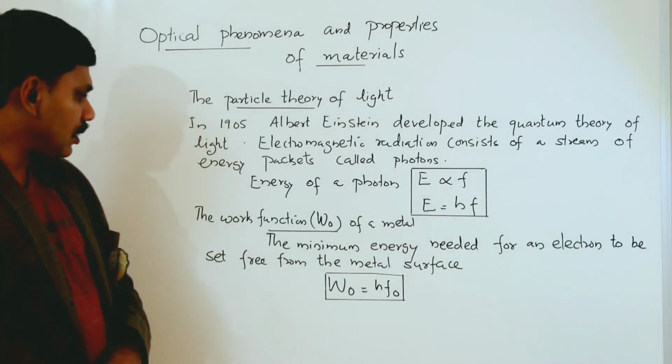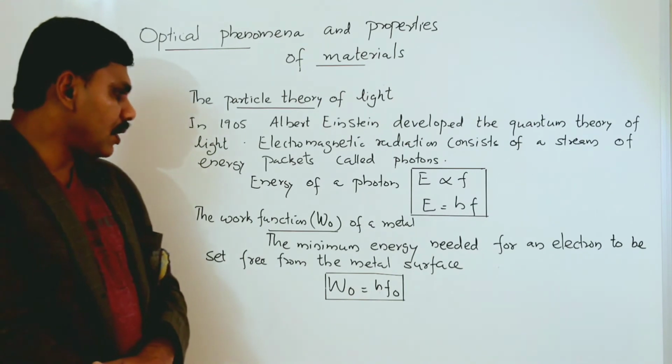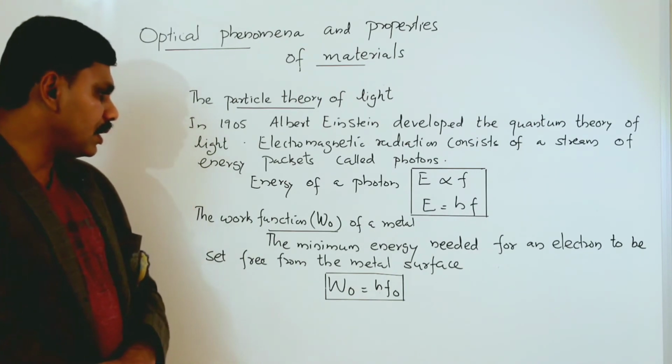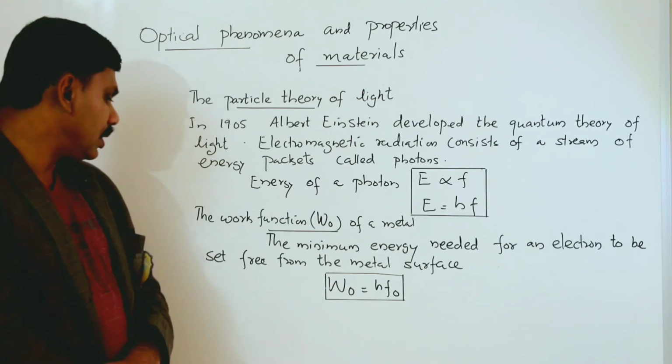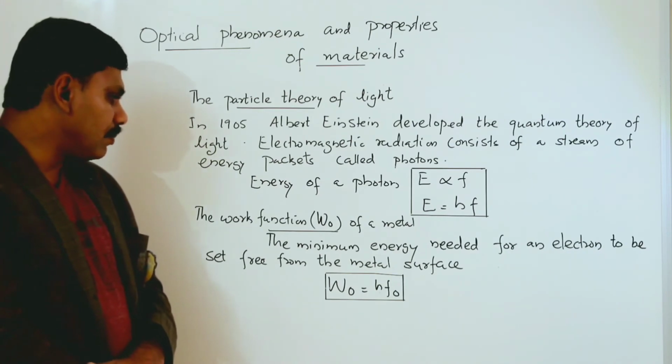The work function W0 of a metal is the minimum energy needed for an electron to be set free from the metal surface.